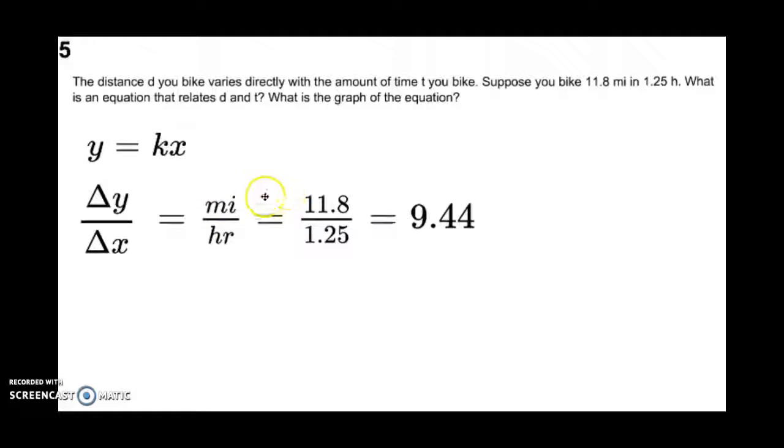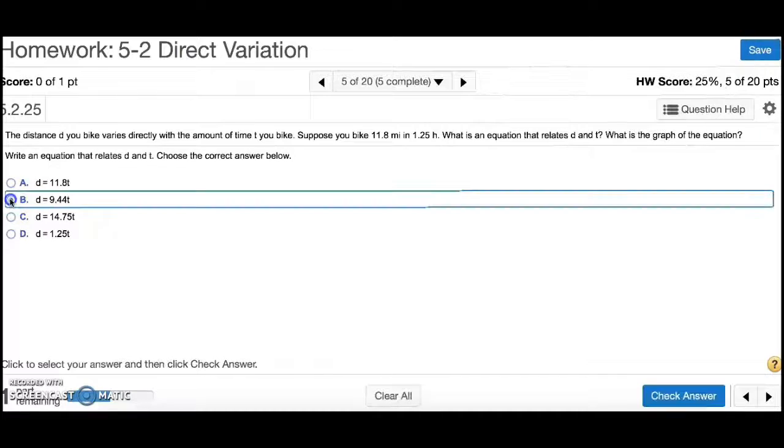Miles is change of y. Hours is change of x. Divide those two and you get 9.44. But since they want us to relate d and t, d is going to represent y and t is going to represent x. And then 9.44 is going to represent k. So my equation is going to be d equals 9.44t, which out of our choices, that is B.